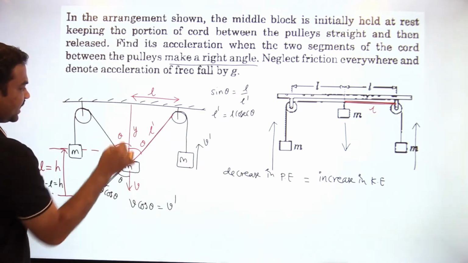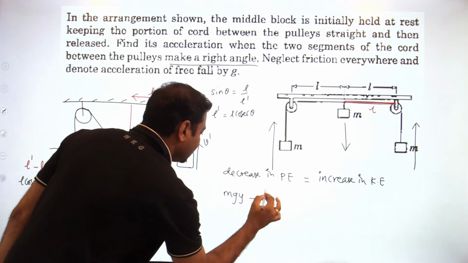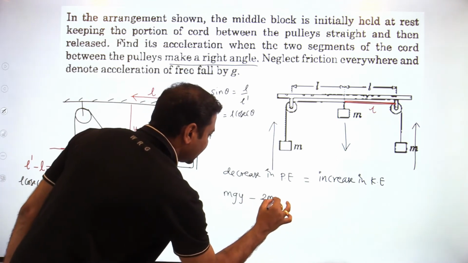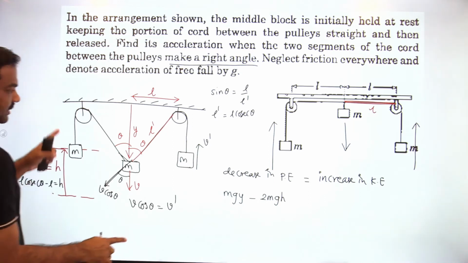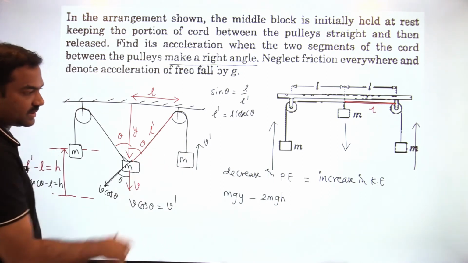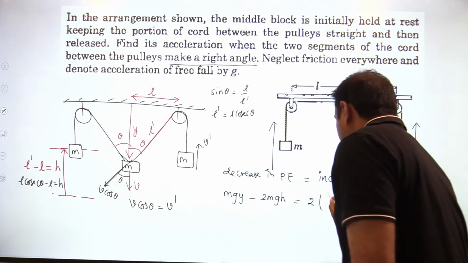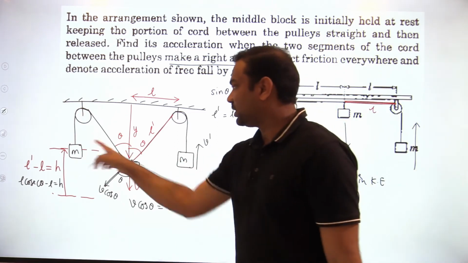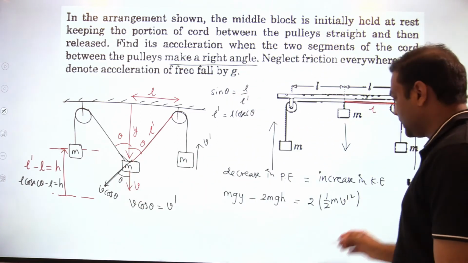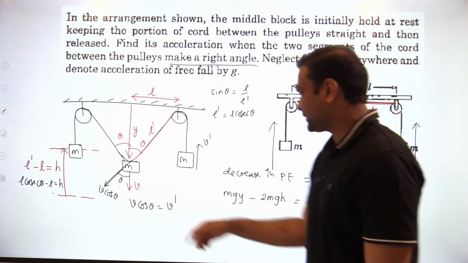So this block is coming down by y distance, so mgy minus 2 times m g h, because this height is increasing, even this height also increasing, is equal to increase in kinetic energy. I can write 2 times half m v dash square, because these two blocks have the v dash velocity, plus half m v square.